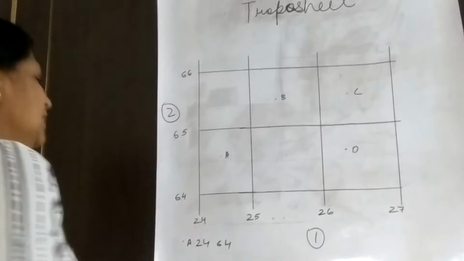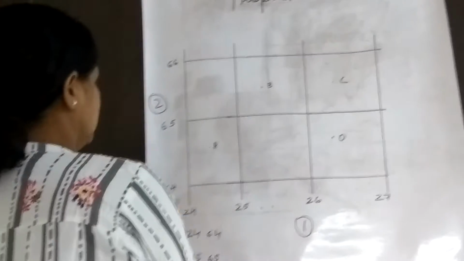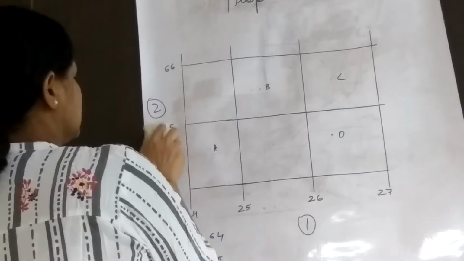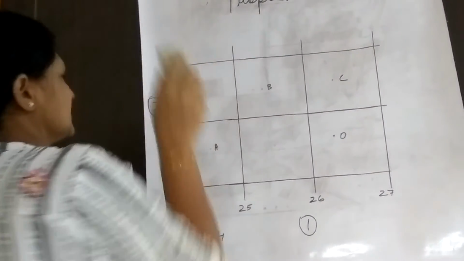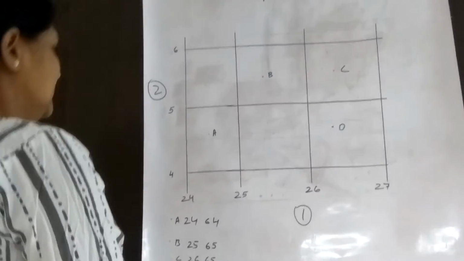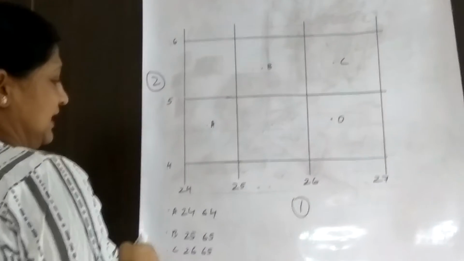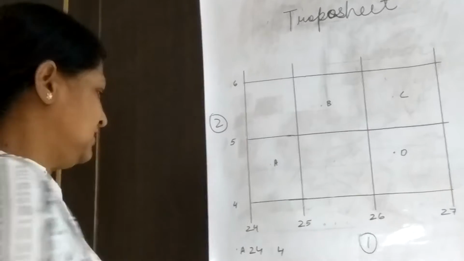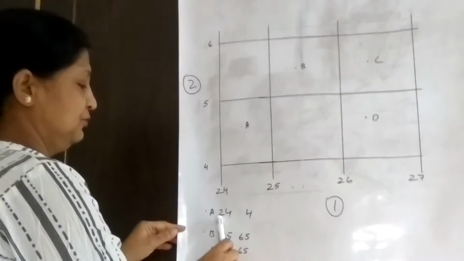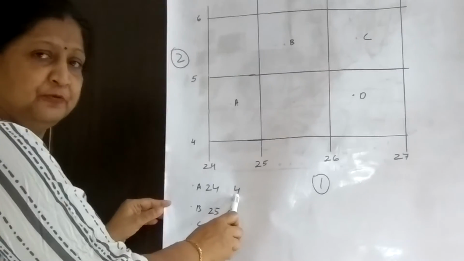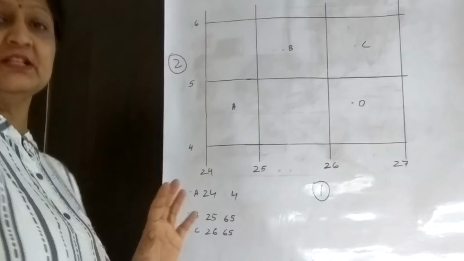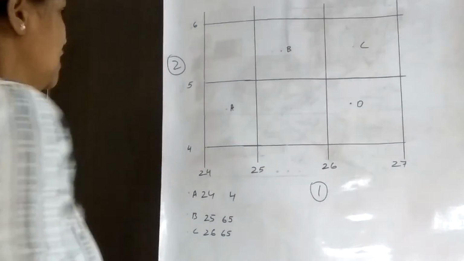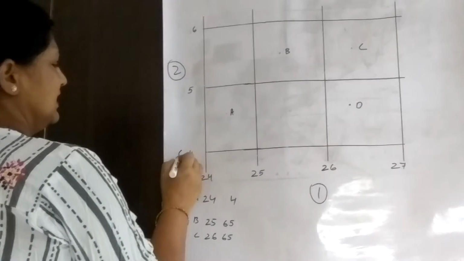Now if you see, in place of this, the grid reference is written only as 4, 5, 6. Then what do we do? If we write the location of point A as 24 and 4, it means 244, which is only 3 digits. 244 does not have 4 digits, so it is not a 4 grid reference. So what we assume is a 0.